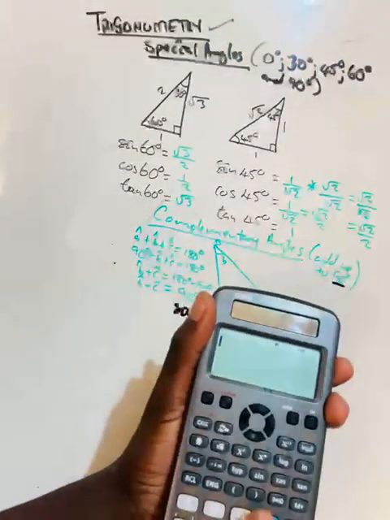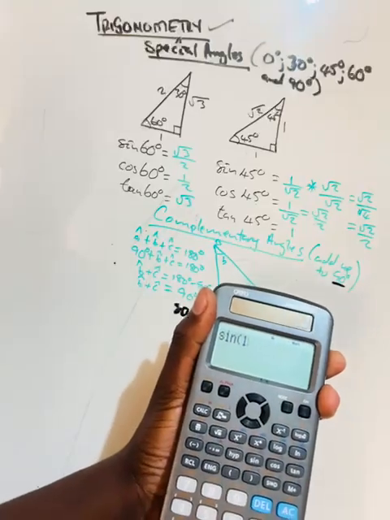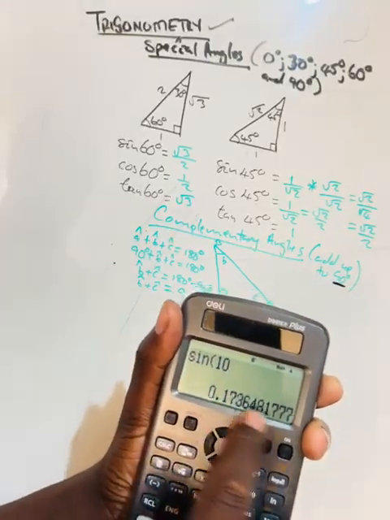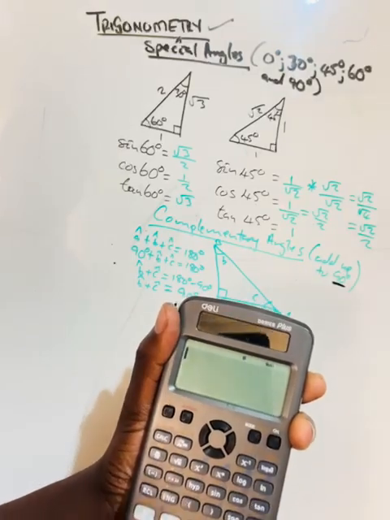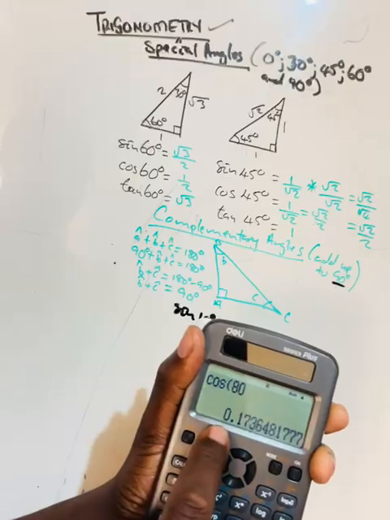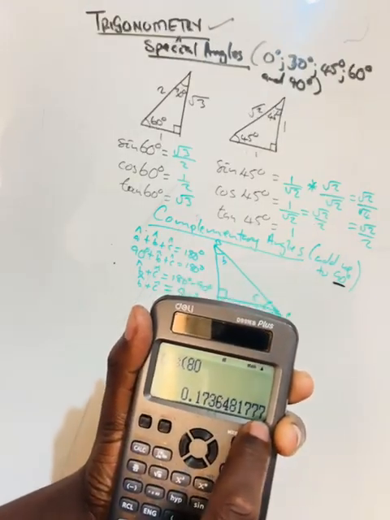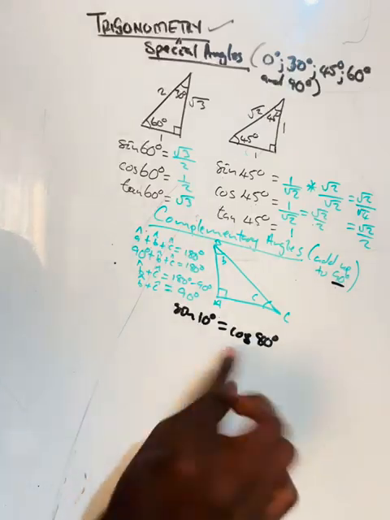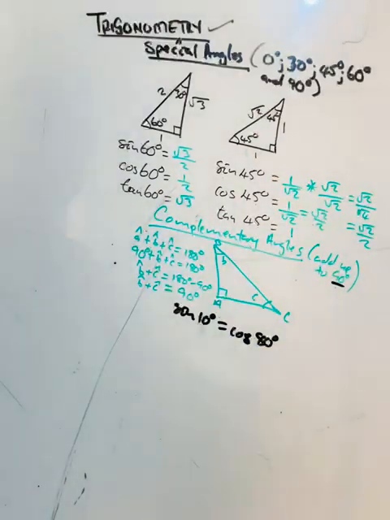So if I say sin 10 degrees, it gives me 0,173 and the other digits. Now if I press cos 80 degrees, it gives me an identical number, meaning to say that if I've got sin and cos here, I can swap, but you see as we proceed with our grades, right?